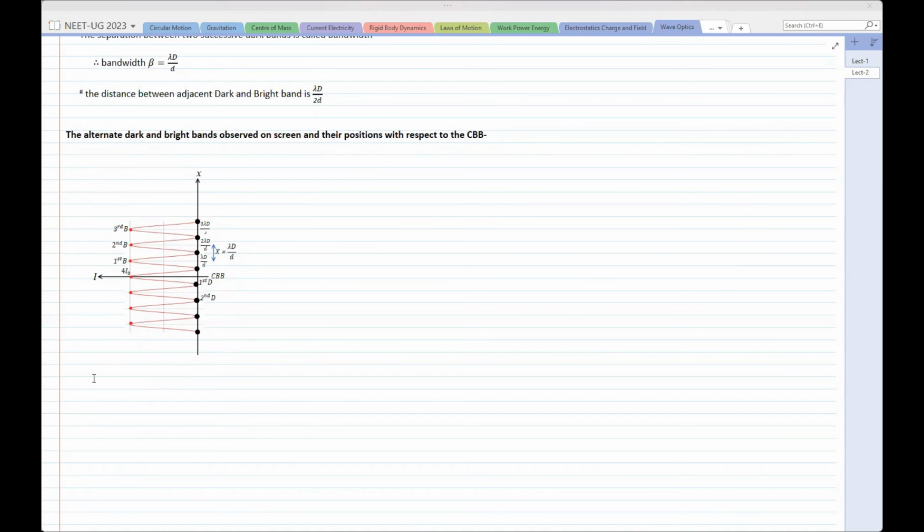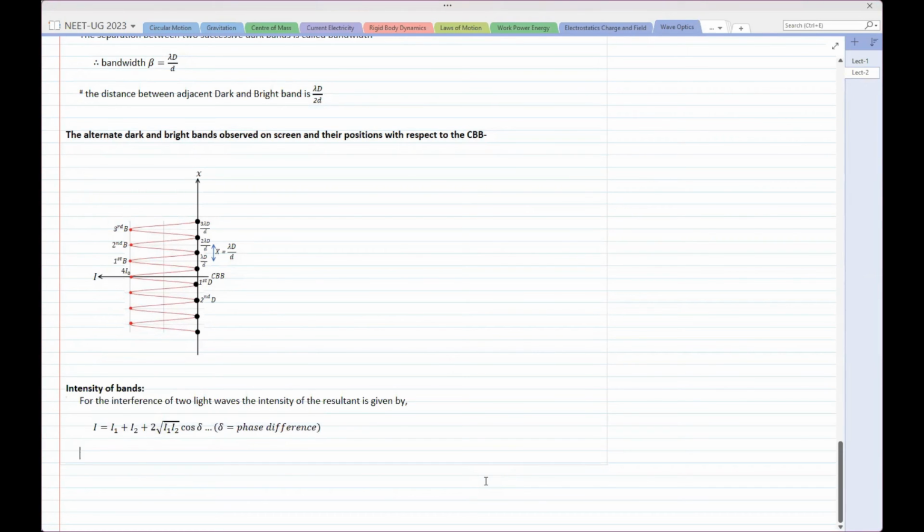Now if you want to find out what is the intensity of bands, so let's see. For interference we know that for the interference pattern, intensity I is equal to I1 plus I2 plus 2 root I1 I2 cos delta. Now in this case I1 is equal to I2 because we are using the same intensity light.